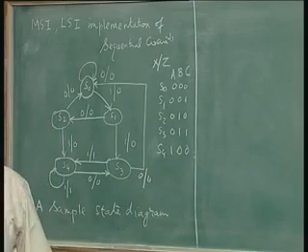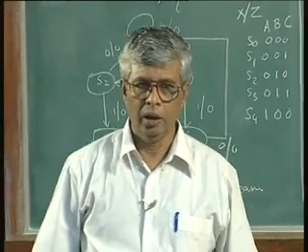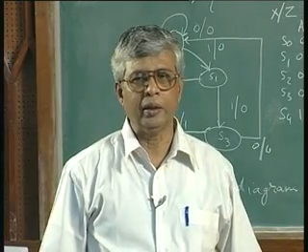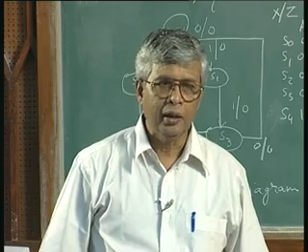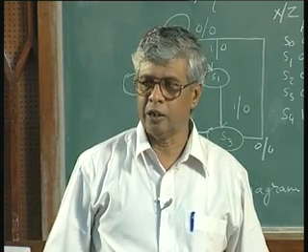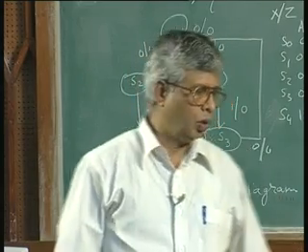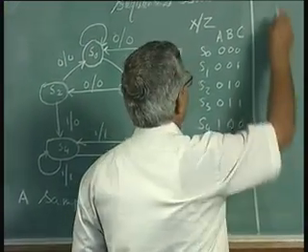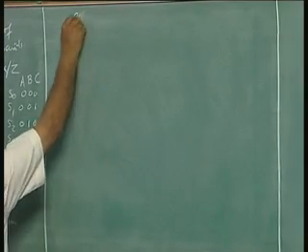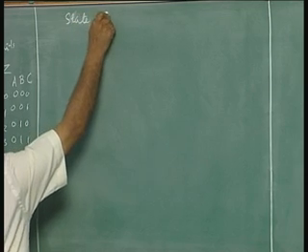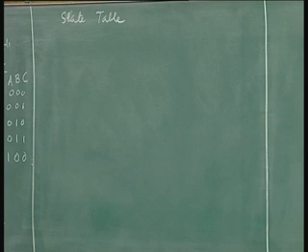Let us use D flip flops to make the implementation simple, in the sense that you don't have to go through the state table and then a transition table. The state table and transition table are the same for a D flip flop implementation. We know that. So we will write the state table, which is also the transition table for this diagram.